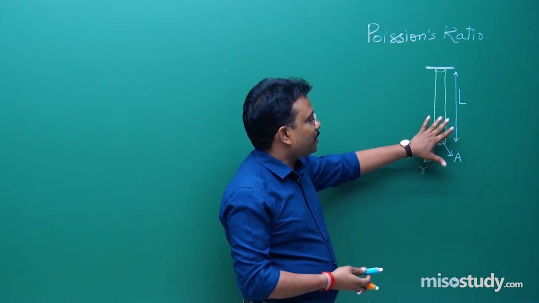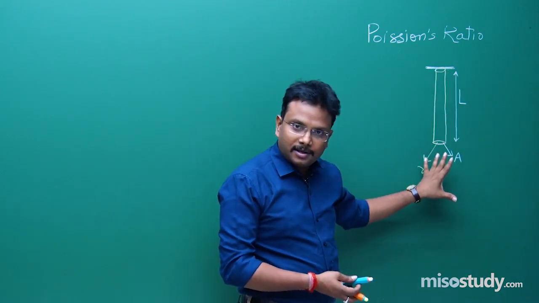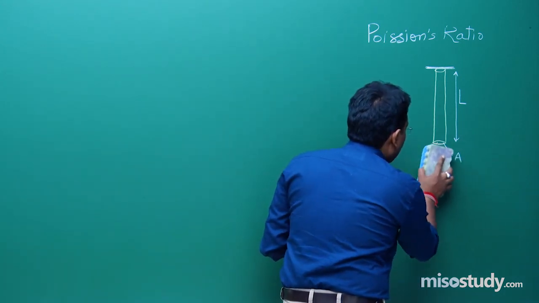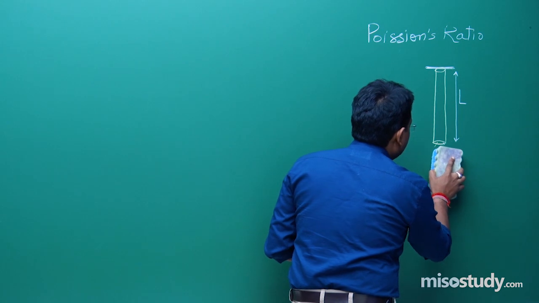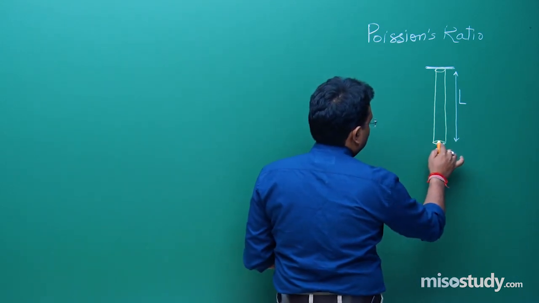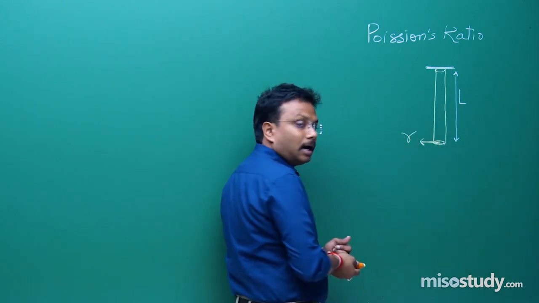Now I have 2 parameters, one is length, another is radius r.